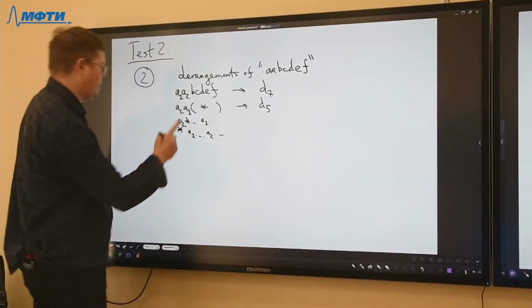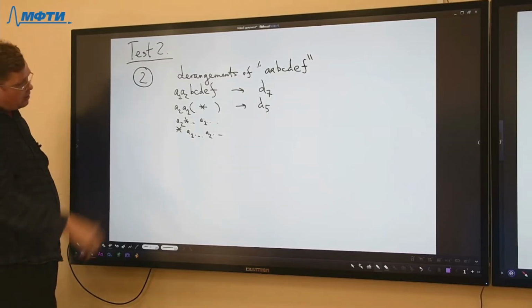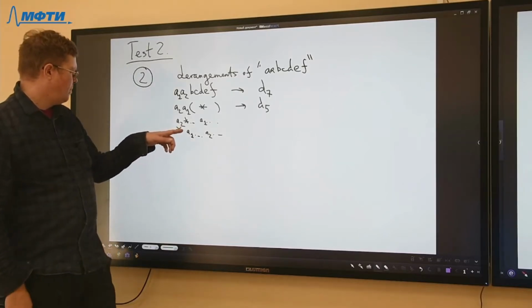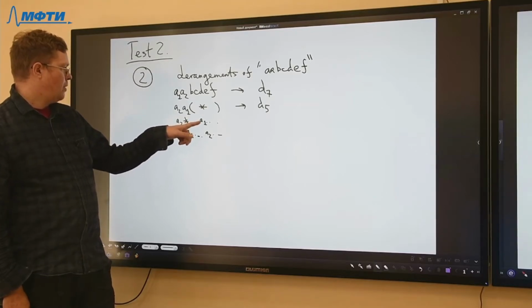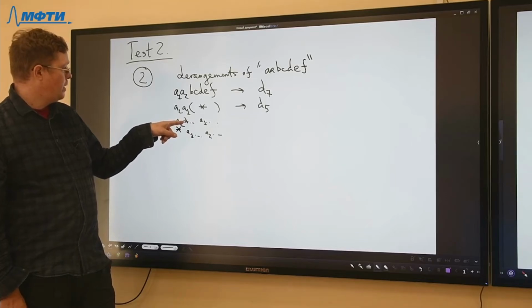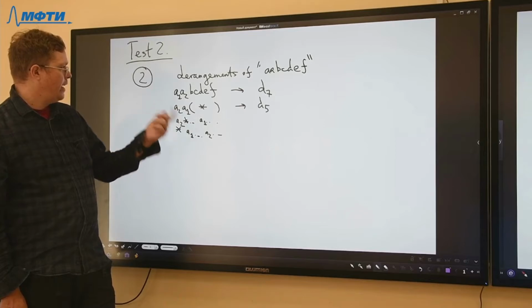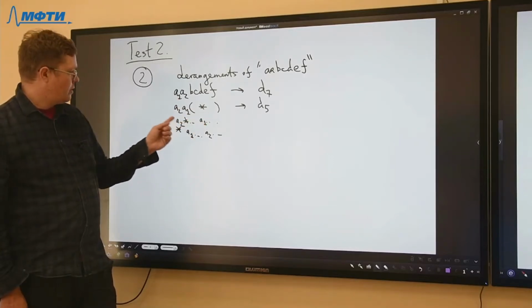Okay, and if you look at these permutations, then A1 should not be placed on the second place, and so we have 6 letters A1, B, C, D, E, F, and none of the letters will be staying on its position.